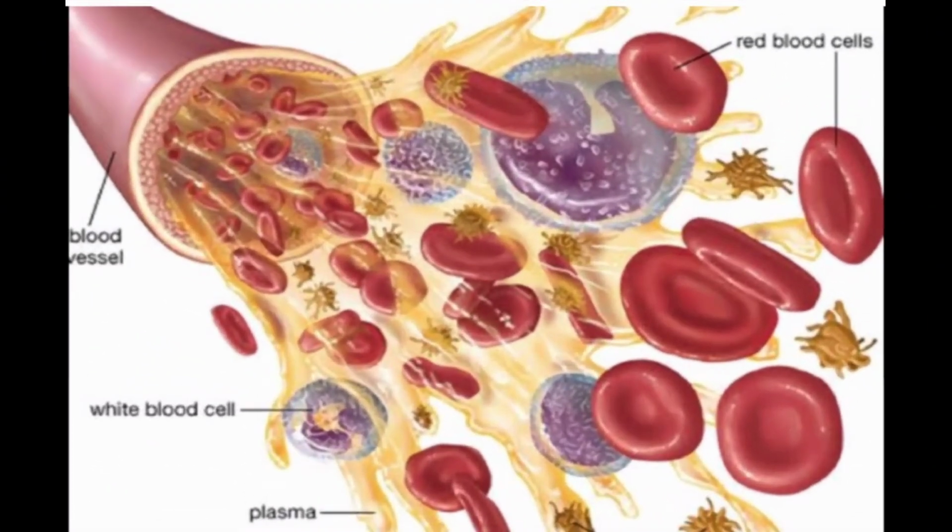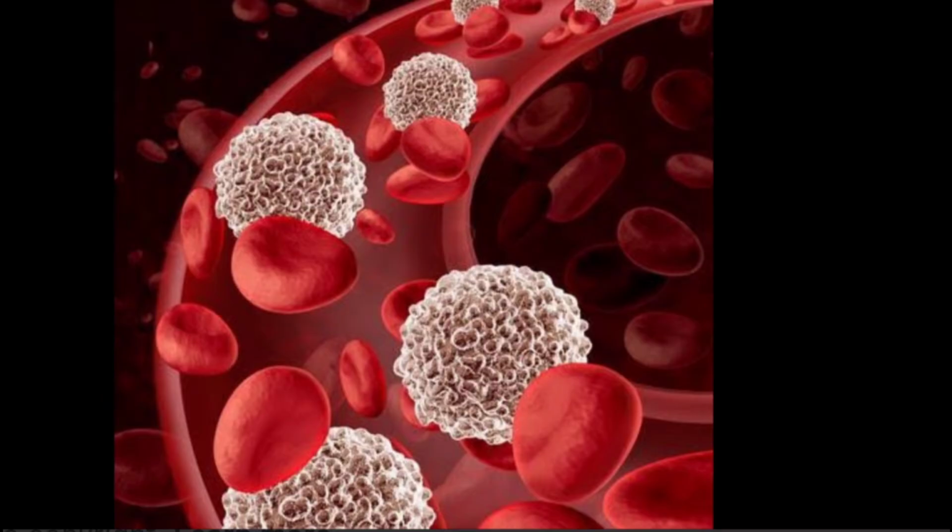Blood has a fluid matrix called plasma, in which red blood cells, white blood cells and platelets are suspended. The plasma contains protein, salts, minerals. Blood flows and transports gases and digested food to different parts of the body.